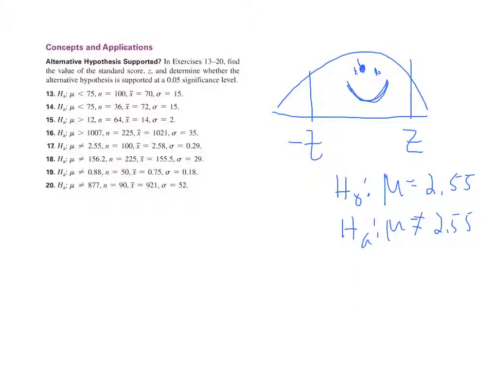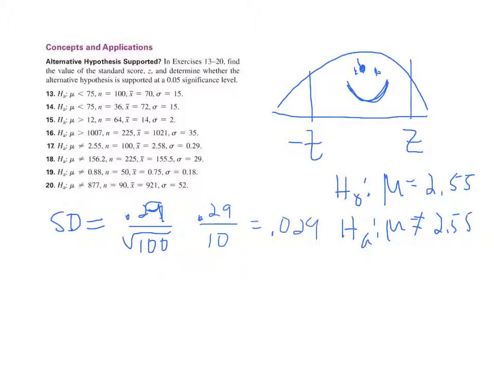The standard deviation for the sampling distribution, or the standard error, is going to be 0.29 divided by the square root of 100. So that's 0.29 over 10, a very small standard deviation of 0.029.